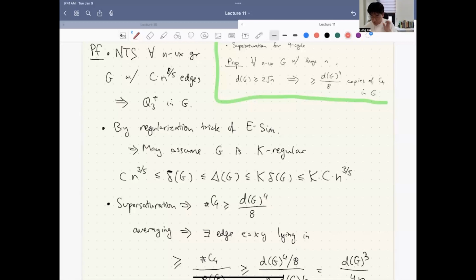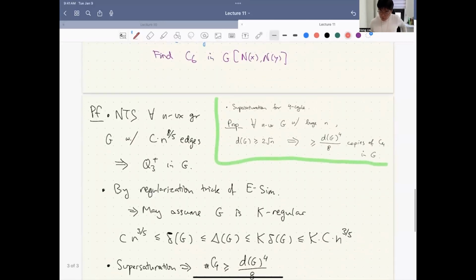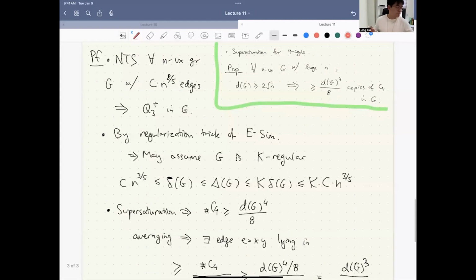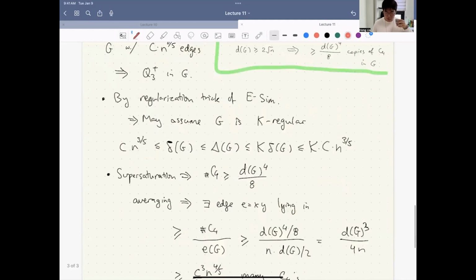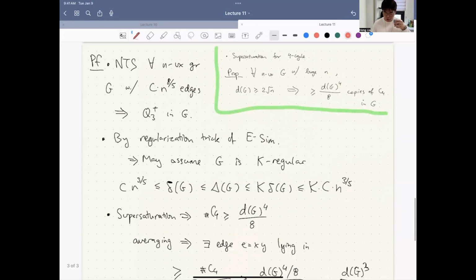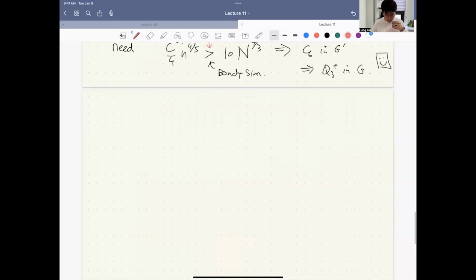We will see another application of supersaturation and homomorphism inequality, involving Sidorenko's, related to Sidorenko's conjecture.